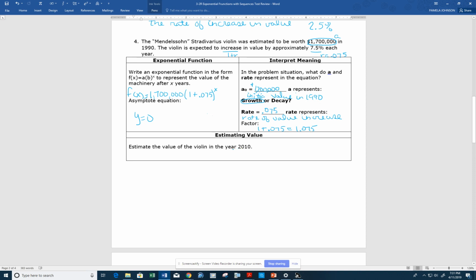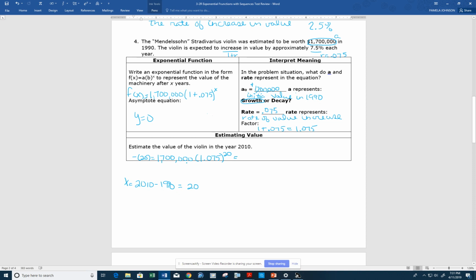So we need to estimate the value of the violin in the year 2010. To find our x value, we're going to do 2010 minus 1990, and we get 20. So f of 20 is 1,700,000 times 1.075 to the 20th power.